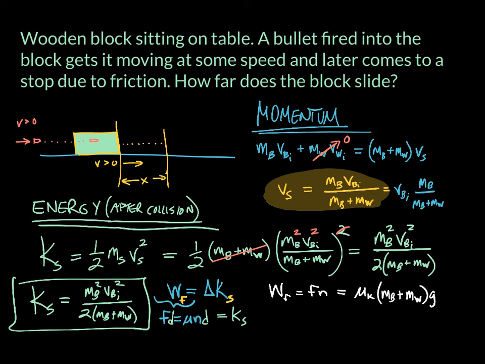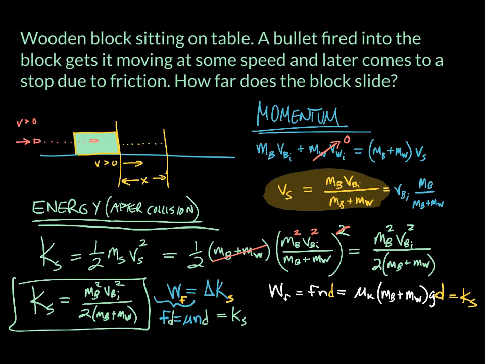And the work done by friction includes this distance that it goes, d, and so we would have to put that in here. So that's the work done by friction. And that has to equal the kinetic energy thing that we just solved for. All right?